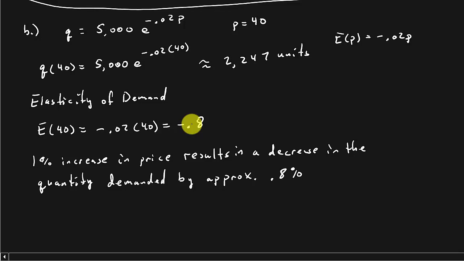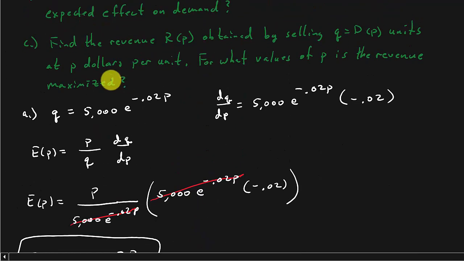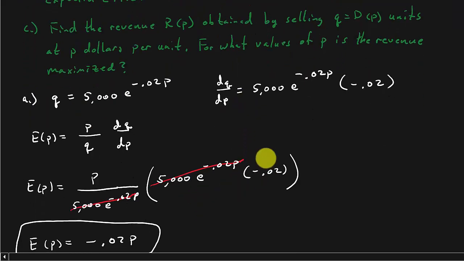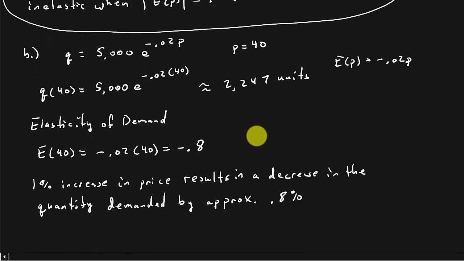So what it's asking is, if the price is increased by 3% from $40. That's what gives us the P of 40. And we calculated for a 1% increase.